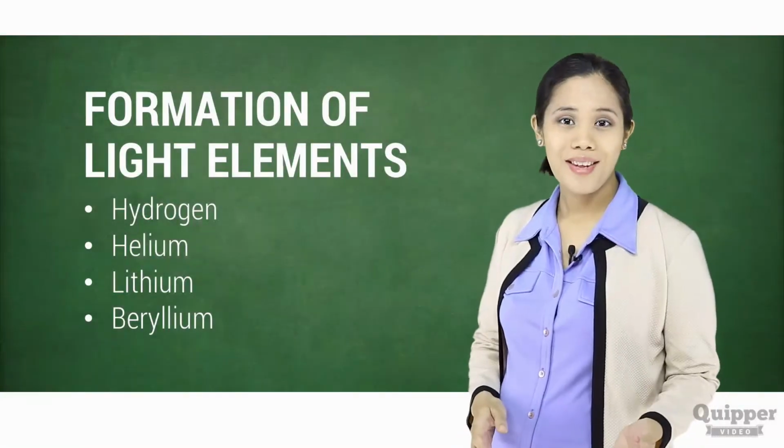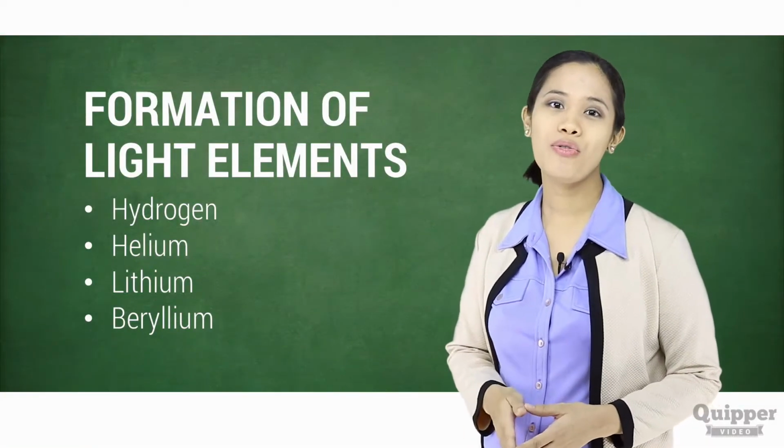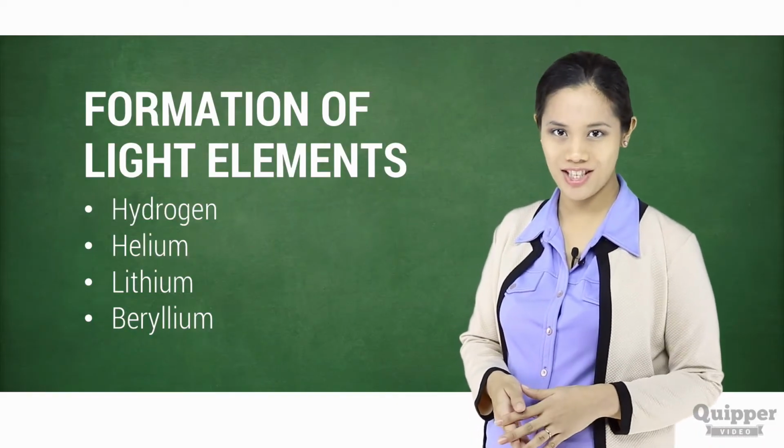Yes, the first neutral atoms were formed, but these were only the two lightest elements, hydrogen and helium. That's pretty much it. It took 1 billion years before the next element of the periodic table, the neutral lithium atom, was formed. Such a long time for waiting. So, hydrogen, helium, lithium, and beryllium were formed during the Big Bang nucleosynthesis according to astrophysicists.